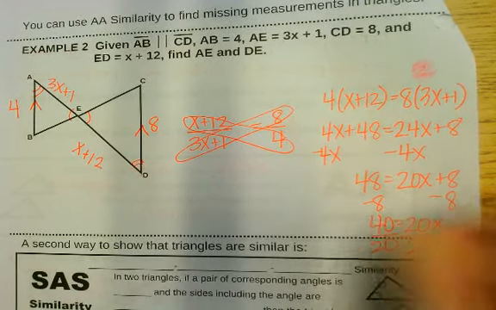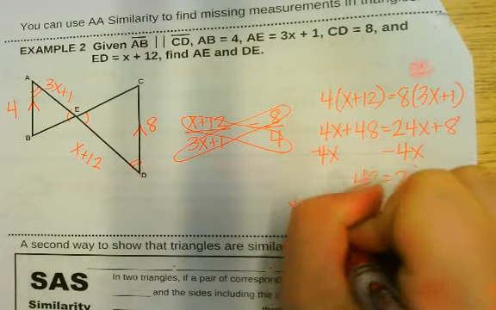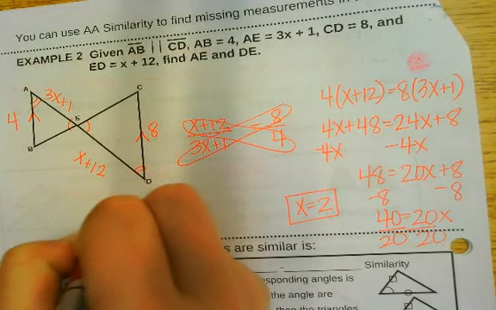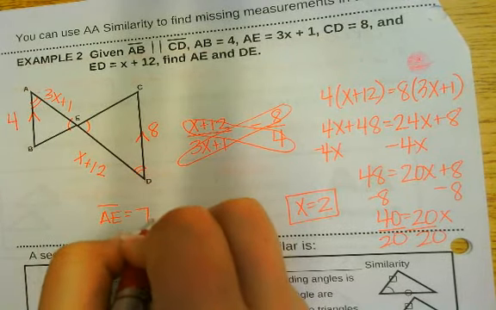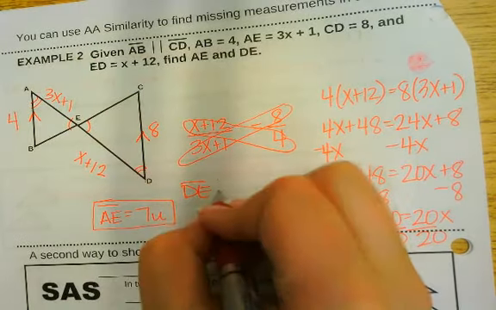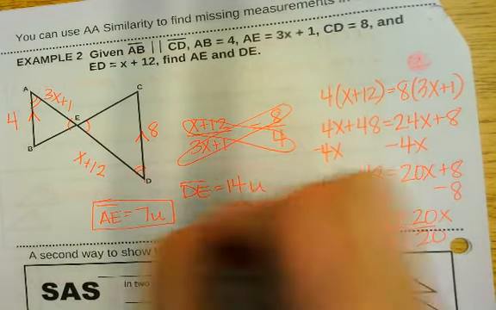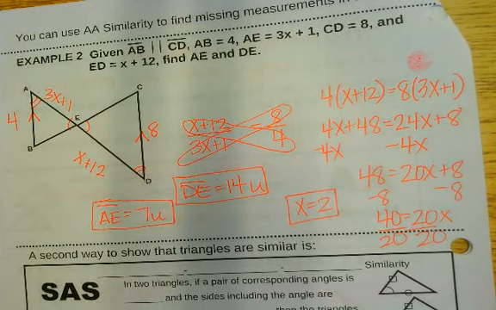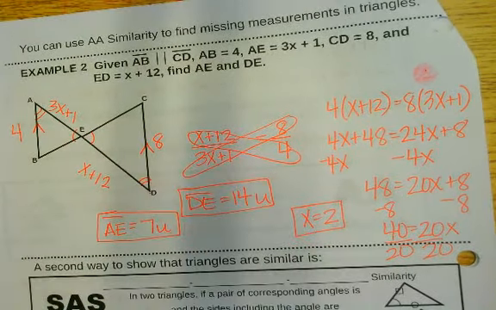Okay, but what does our question ask us for? AE and DE, so what is the length of AE? 7. What is the length of DE? 2. Questions on how to apply angle similarity? You always include units when you're talking about side lengths. I don't know necessarily if I'd count it wrong, but just kind of get into a habit.